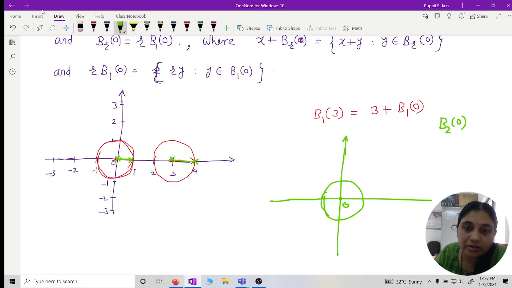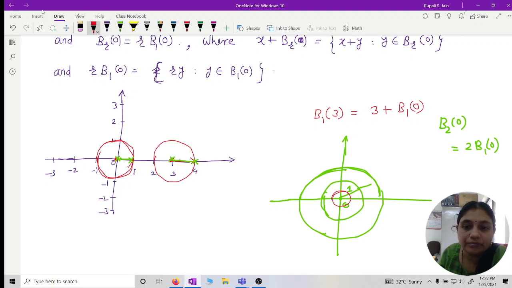If the radius is 1, what will be B_2 at 0? It is 2 times B_1 at 0. So it will be just scaled out like 2 times B_1 at 0. If r is less than 1, if it is half, then it will be like this. Okay. Are you getting this?